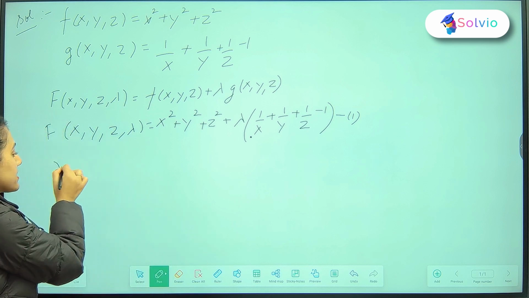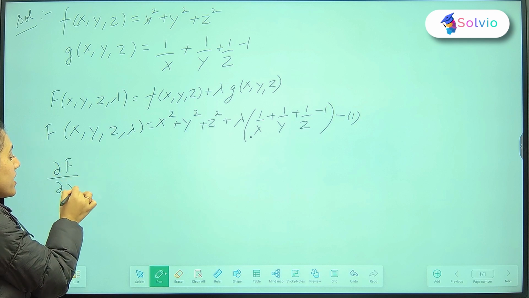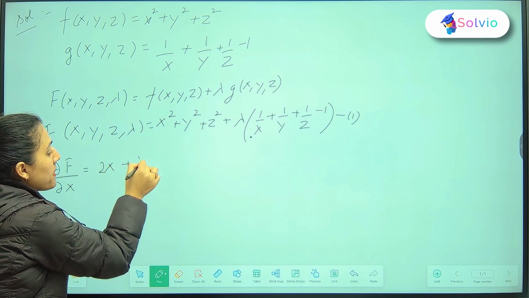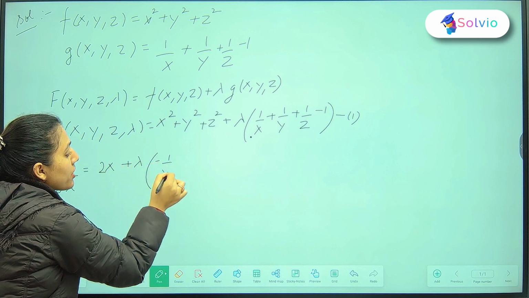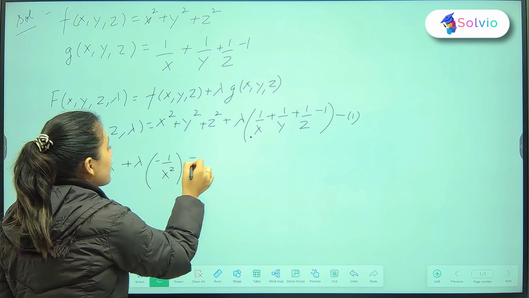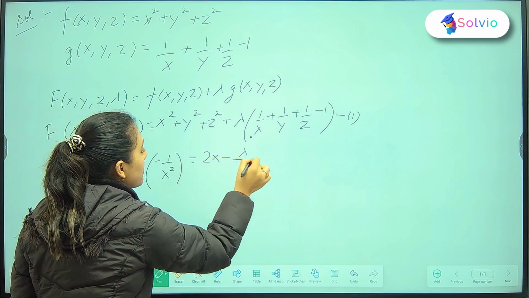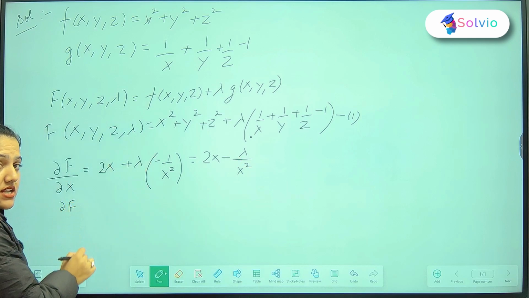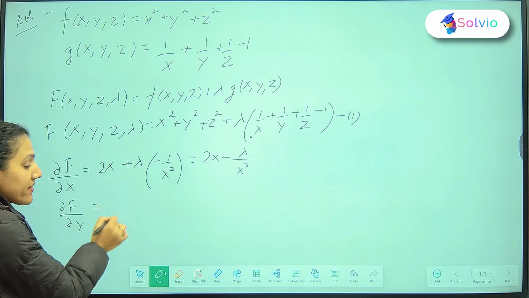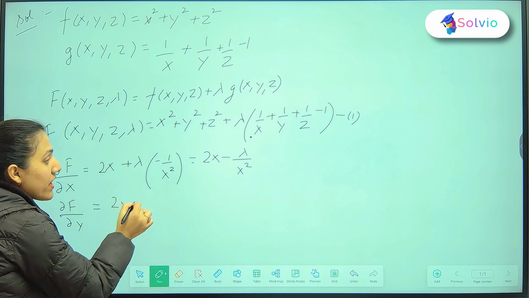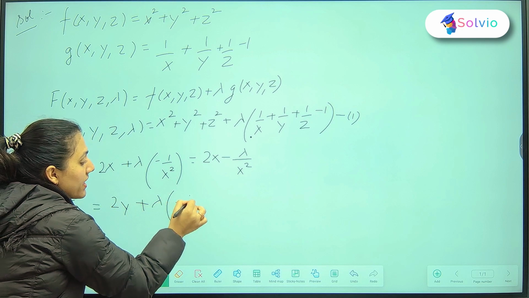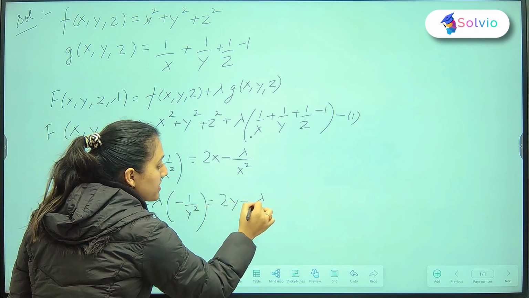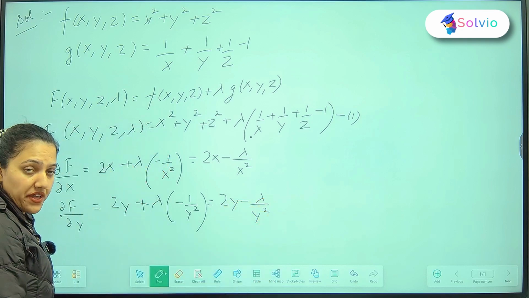So here firstly I will differentiate capital F with respect to x, and it becomes 2x plus lambda times minus 1 upon x square, right, and this is equal to 2x minus lambda upon x square. Now I will differentiate capital F with respect to y, and that is equal to 2y plus lambda times minus 1 upon y square, that is equal to 2y minus lambda upon y square.